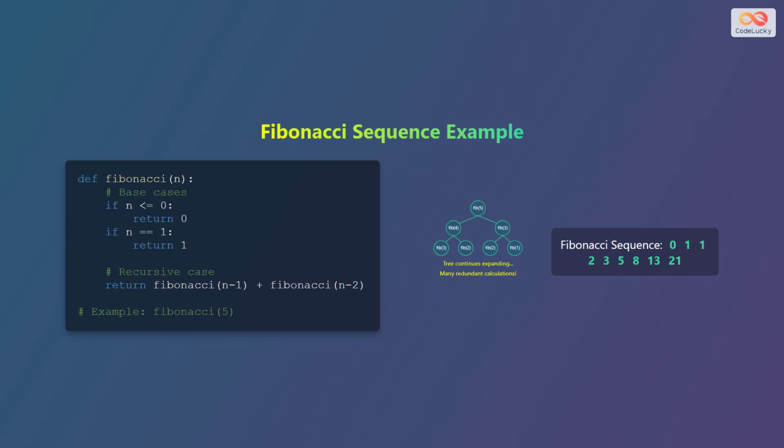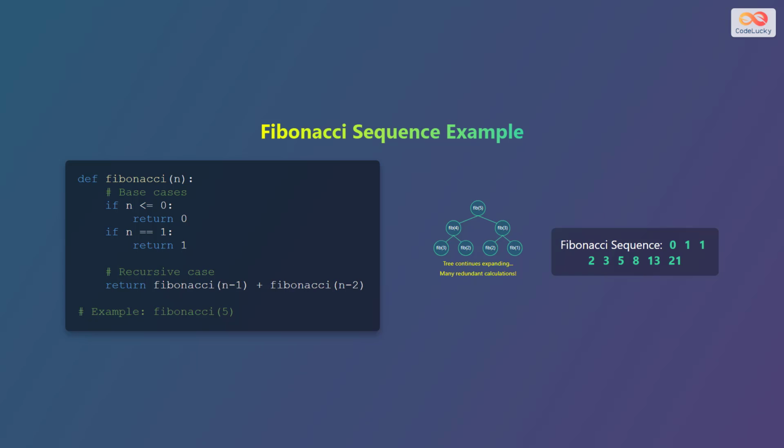Let's consider another example, the Fibonacci sequence. The Fibonacci sequence is a series of numbers where each number is the sum of the two preceding ones. Here we have base cases. If n is less than or equal to 0, return 0. If n is equal to 1, return 1. Otherwise, the function will call itself to calculate the Fibonacci of n-1 plus Fibonacci of n-2.